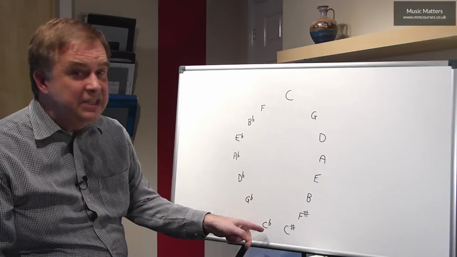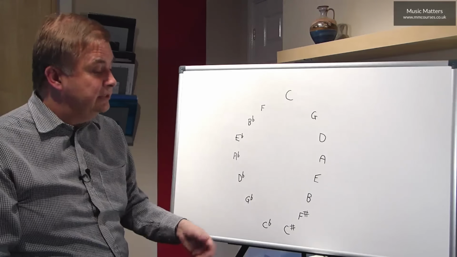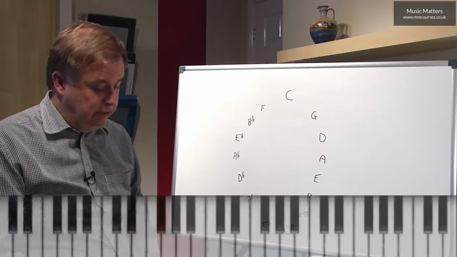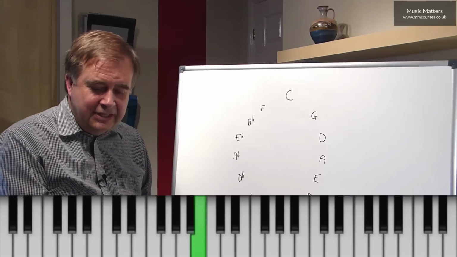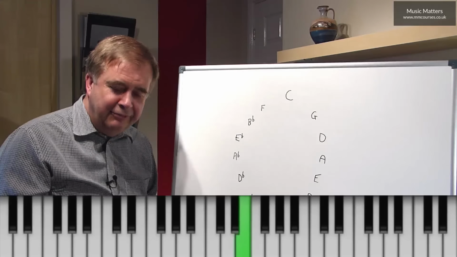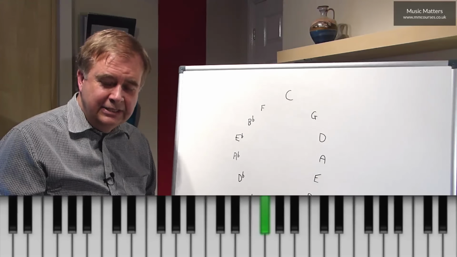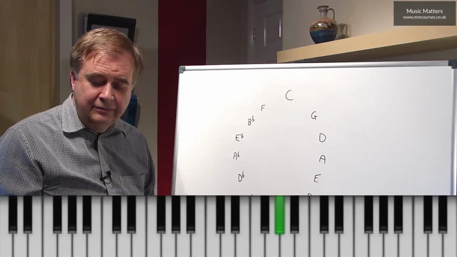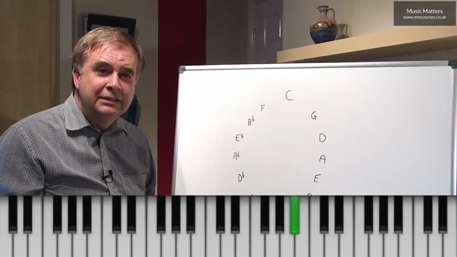And by the time I've got 7 flats, everything is flat, so I can't go any further at all. So I get C flat, D flat, E flat, F flat, G flat, A flat, B flat, C flat.